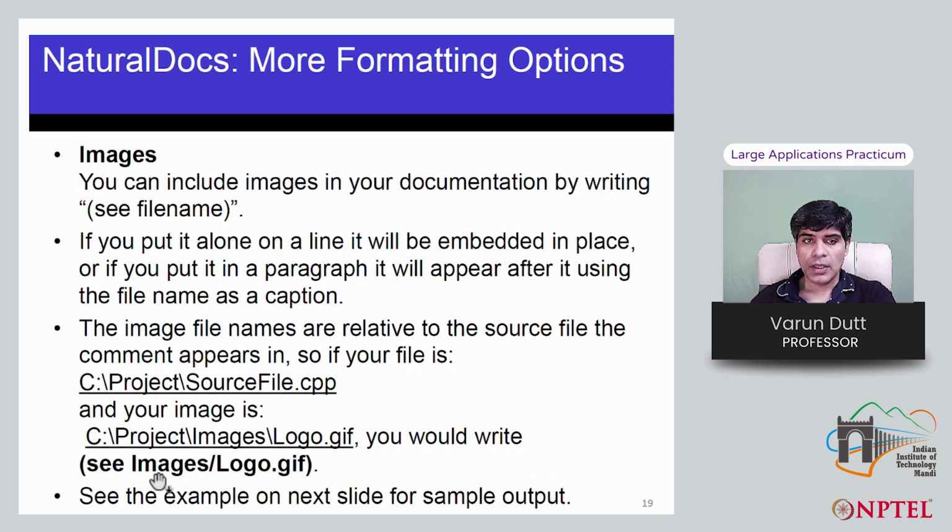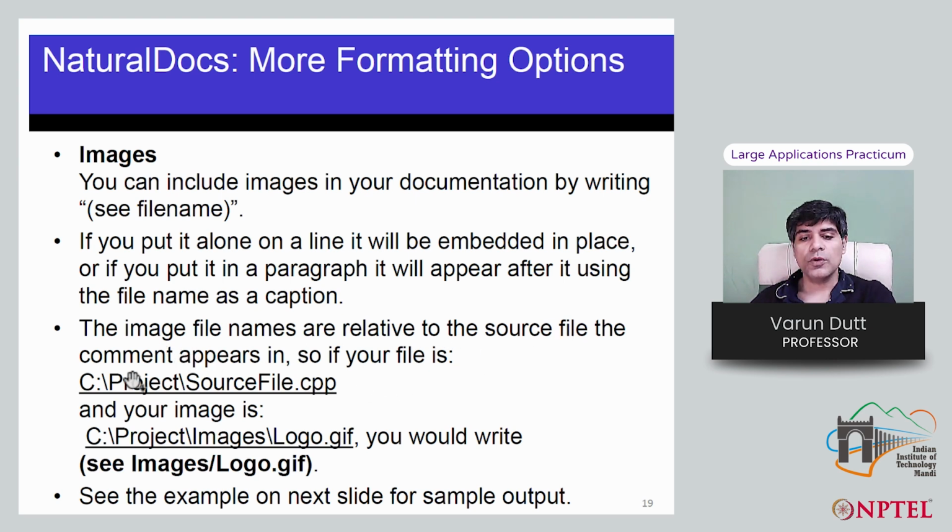If you have some images or some particular file which you need to hyperlink, you can include images, which are file names, in your documentation as well. If you put it alone on a line, it will be embedded in place, or if you put it in a paragraph, it will appear after it, using the file name as a caption. Image file names are relative to the source file the comment appears in.